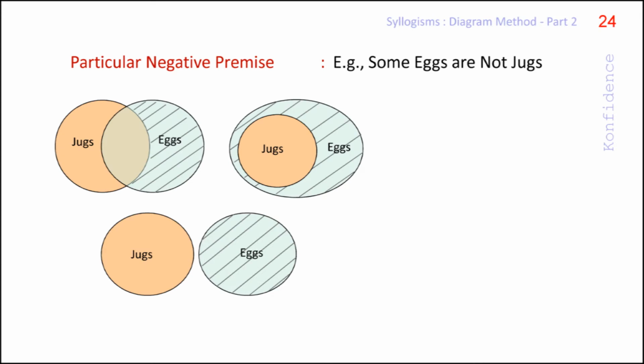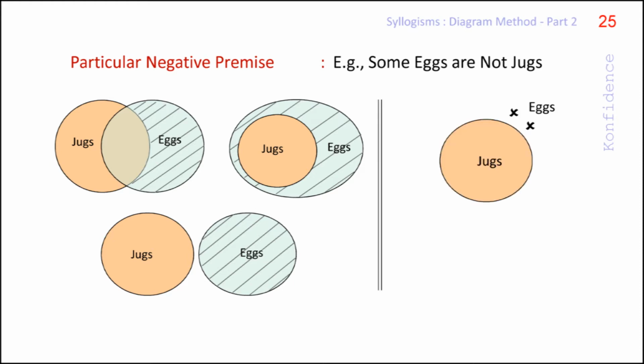Now consider a particular negative statement like some eggs are not jugs. The possible diagrammatic representations of this relationship are given on the left side of the slide. Here, the most important thing is that there should be some portion of eggs outside jugs. That is, there should be at least one element of the set X which is outside the set jugs.